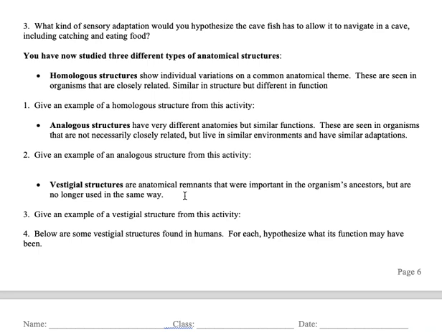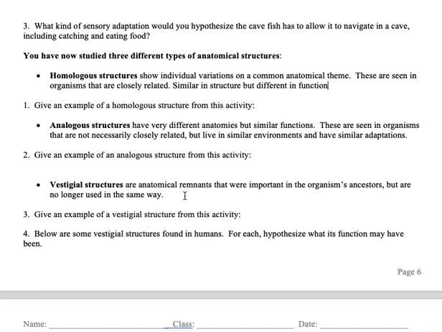Whales have pelvis bones, and obviously a whale does not use that pelvis bone. It's just there. So vestigial structures are structures that are present but are not used.